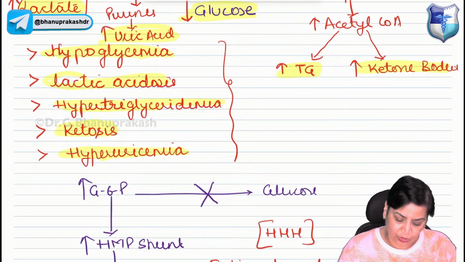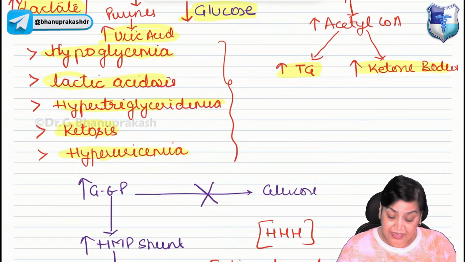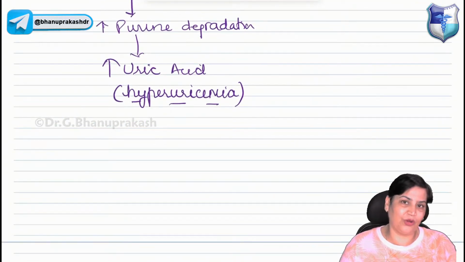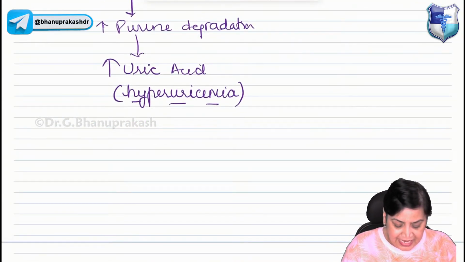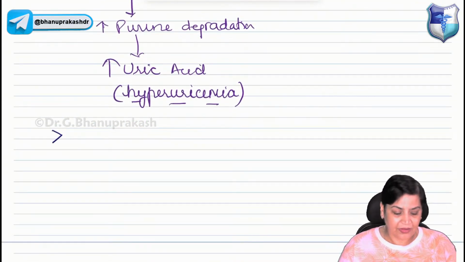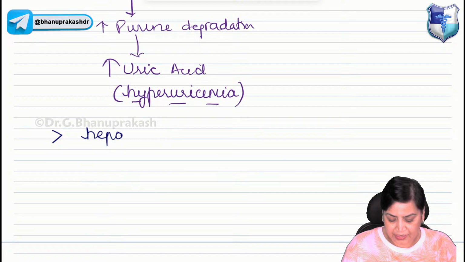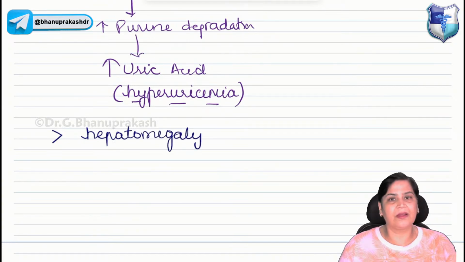Right? Now, since it is a glycogen storage disorder in the liver, there will be enlargement of the liver also. And whenever there is enlargement of the liver, we call it hepatomegaly. Megaly is enlargement, hepato is liver.